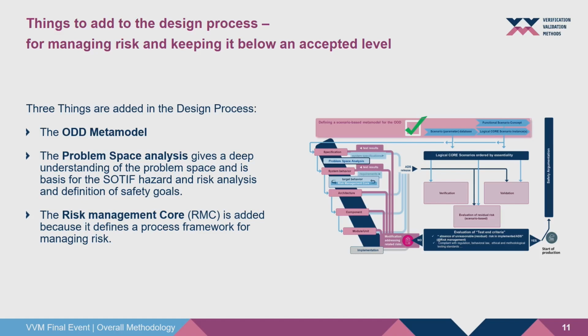And this is the basis for a hazard and risk analysis we use to define safety goals and the behavior of our function. The third idea is to integrate a risk management system, we call it in the VV method risk management core, to control the level of risk designed in the behavior process.